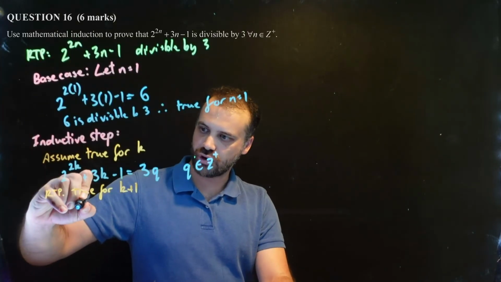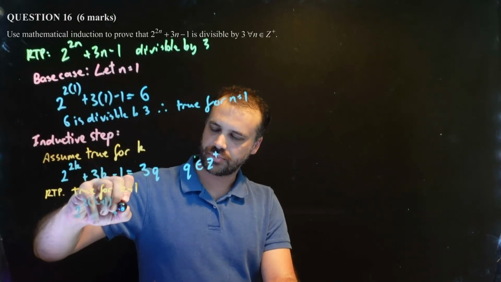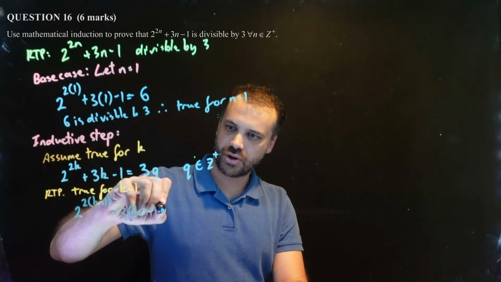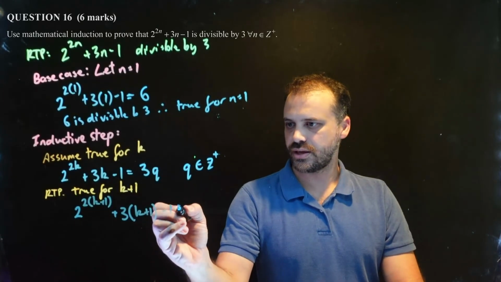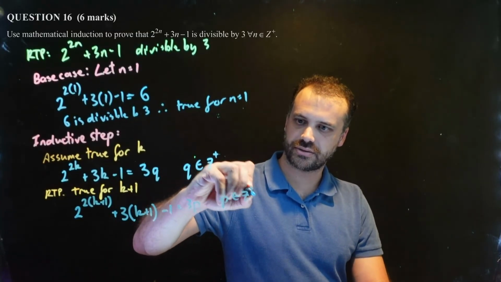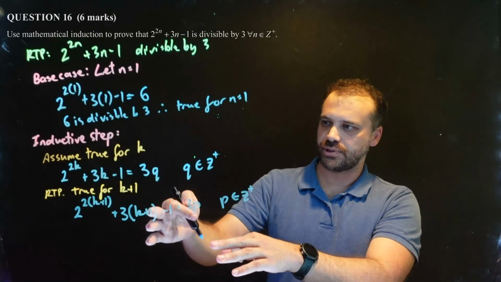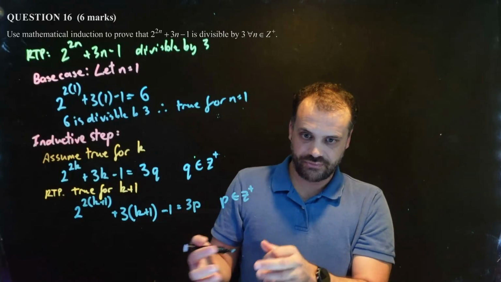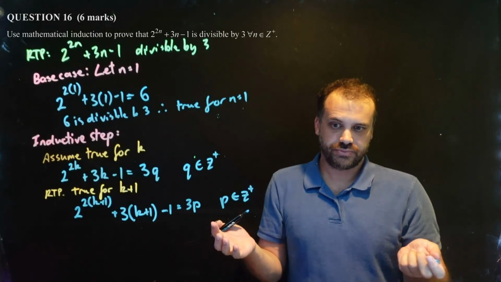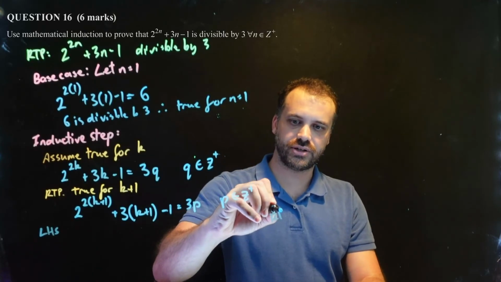So the thing that we're trying to prove is 2 to the 2k plus 1 plus 3 times k plus 1 minus 1 equals 3p, where p is in the set of positive integers. So we're just saying, hey, it's required to prove that it's true for k plus 1. We're saying if that is true for k plus 1, then it's going to be equal to 3 times some integer. And then I just break this up into left-hand side, right-hand side.